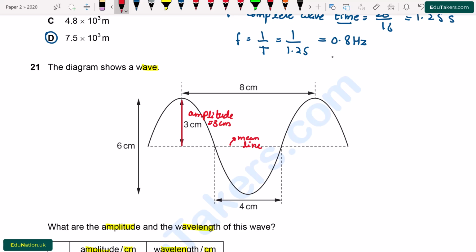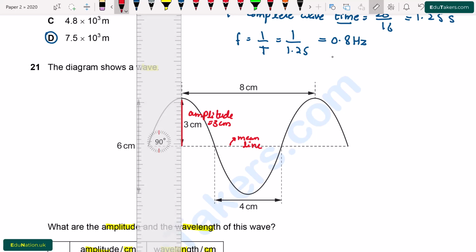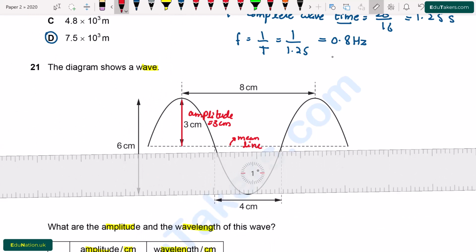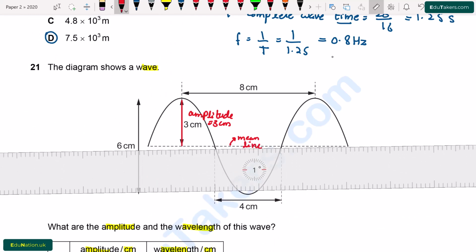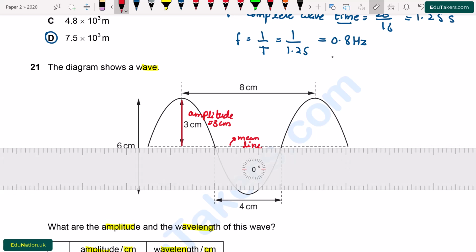Next we find out the wavelength. Wavelength is the distance between two consecutive crests or troughs. Now I am going to draw the distance which is equal to one wavelength. So if I start from this, then I also have to end at the same location like this.